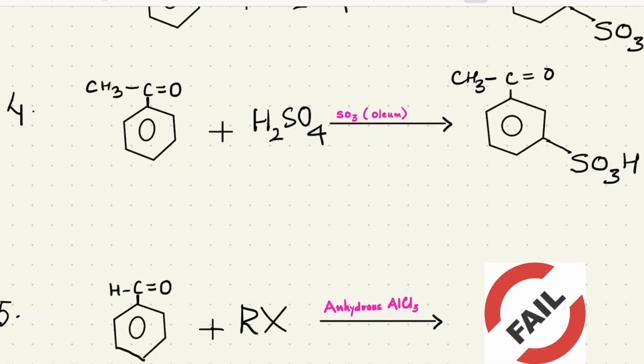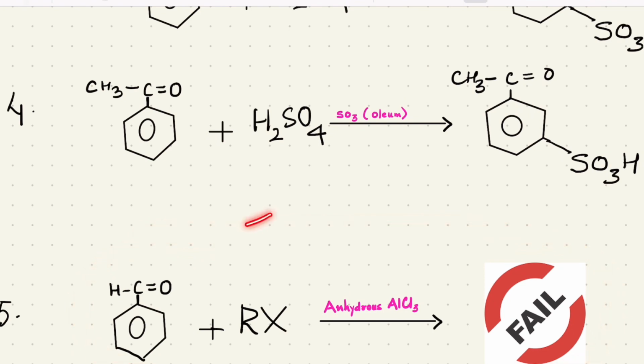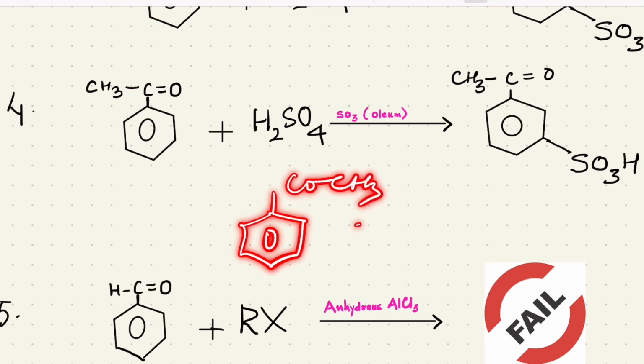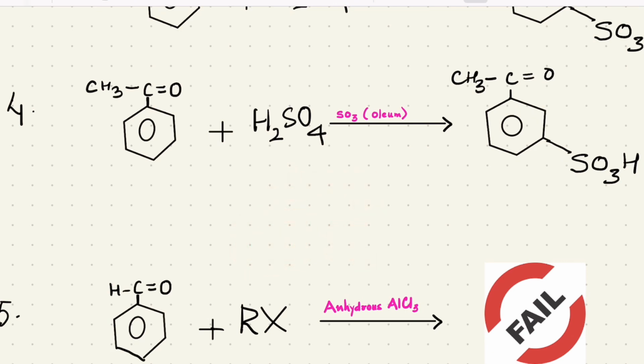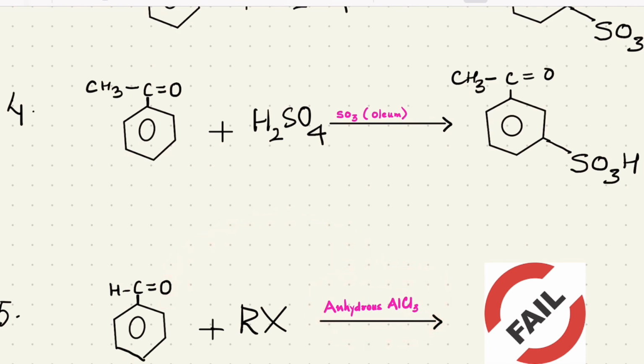Let's see, the Friedel-Crafts reaction is not possible in benzaldehyde, also it is not possible in benzophenone or acetophenone. The reason being that the aluminium chloride, which is a Lewis acid, gets bonded with the lone pair of electrons and the reaction is restrained.